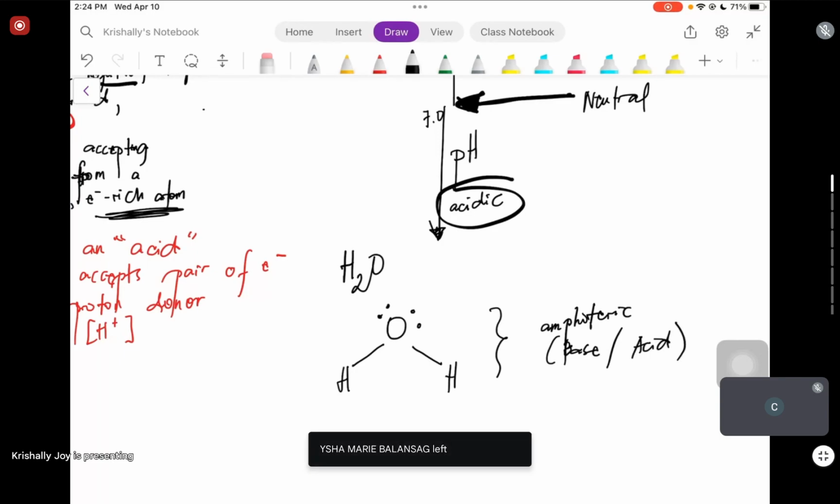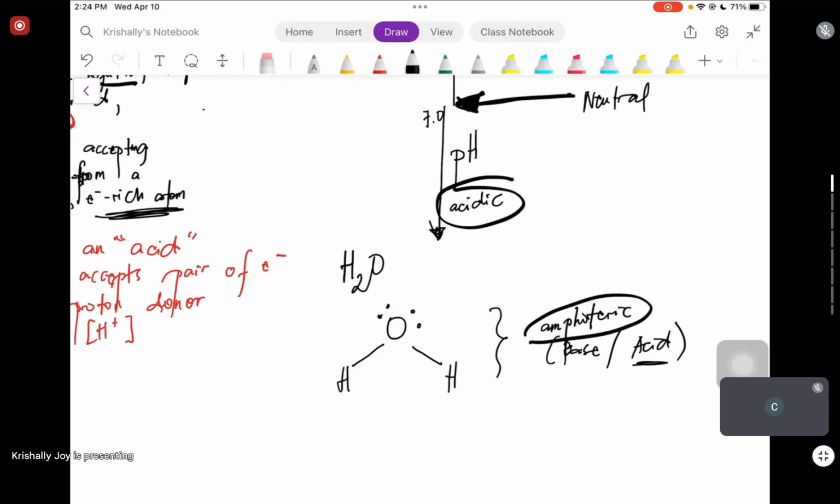If it is reacted halimbawa to an acid, then water will act as a base. If it will be reacted to a base substance, then water will act as an acid. So nakadepende yon kung sino yung ka-interact niya sa chemical reaction. That makes it amphoteric. That's why having this nature ng water, pwede siya nucleophile, pwede din siya electrophile.